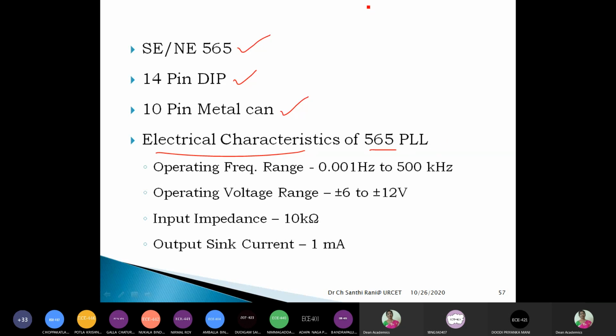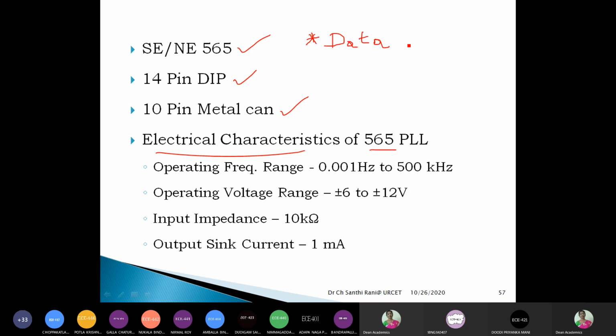Okay, and then some electrical characteristics of PLL 565. Here I mentioned that we have a data sheet, right? The data sheet for any IC, any analog IC or digital IC, provides complete data. Just a sample of it I have mentioned here, right? If you want more details, you can also search the internet for the data sheet. You need not mention the data sheet fully in the examination as a student, because so many ICs are there and for each device one data sheet is available.